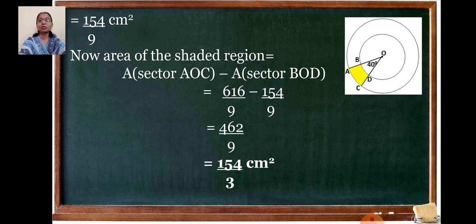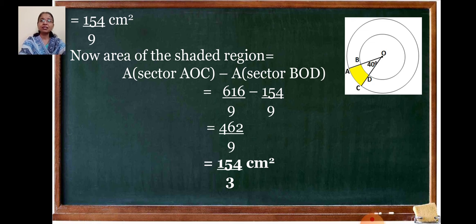Now let us perform subtraction to get the shaded region area. So area of sector AOC minus the area of sector BOD, that is 616 upon 9 minus 154 upon 9. Denominators are the same, so perform the subtraction of numerators: 462 upon 9.